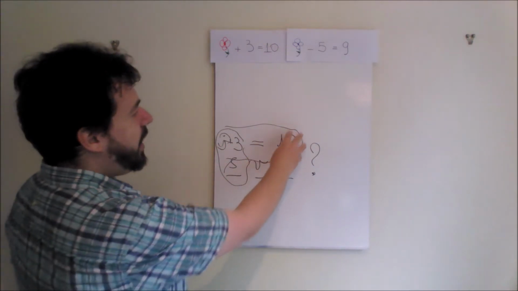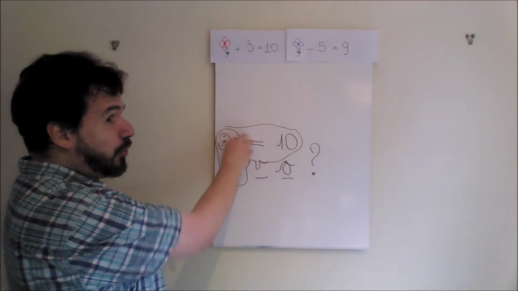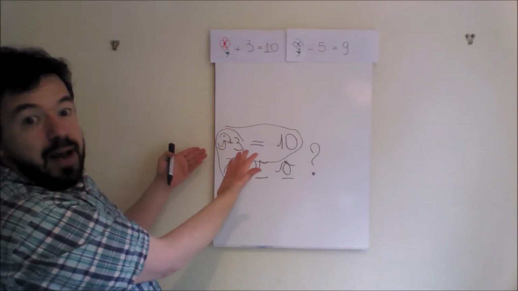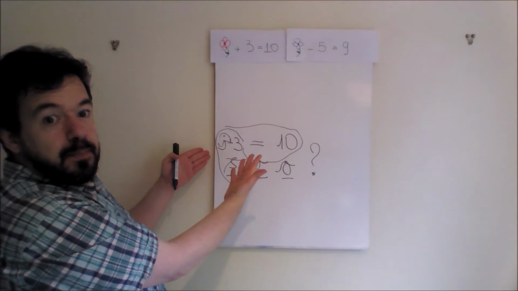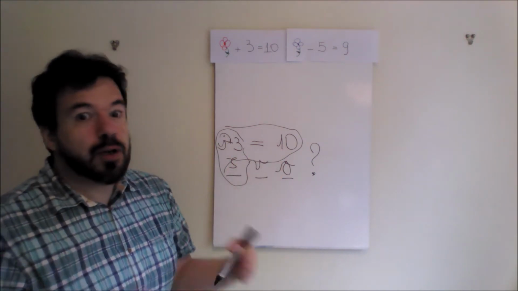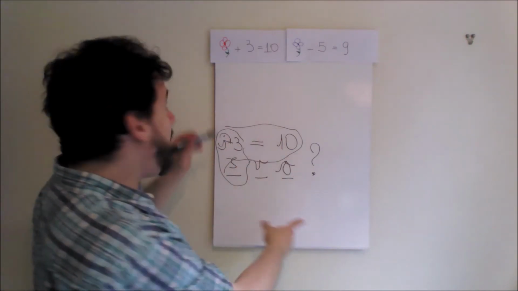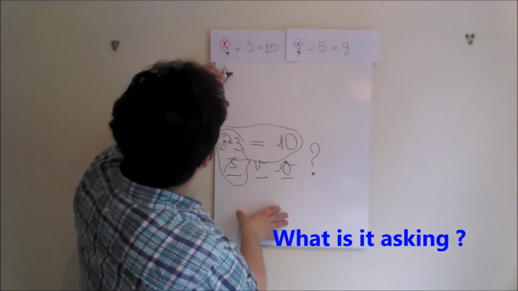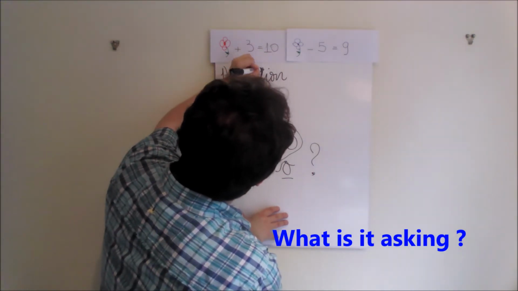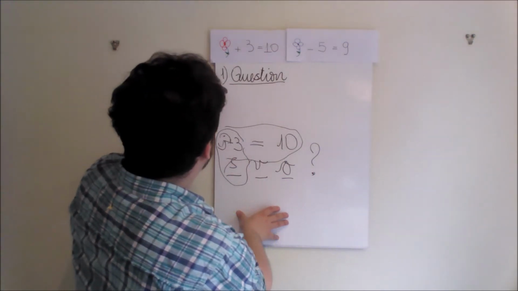So I have £10, but already have 3 allocated to the milk. How much do I have to spend, really? You won't see this in real life. You will see questions posed to you. So every sentence is a question, and we have to understand the question that's being asked of us.